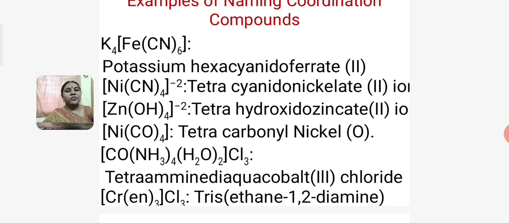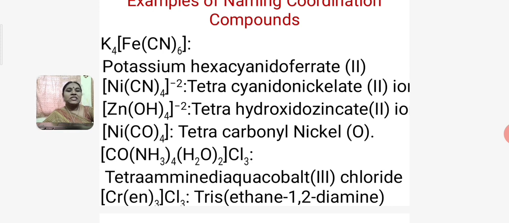The name starts as tetra, indicating 4 ligands, hydroxido, the name of the ligand, followed by the central metal ion zinc, and because it is an anionic complex, the name of the central metal ion becomes zincate, and the oxidation state of zinc is calculated and it is equal to 2. So finally the name of this complex is tetrahydroxidozincate(II) ion.